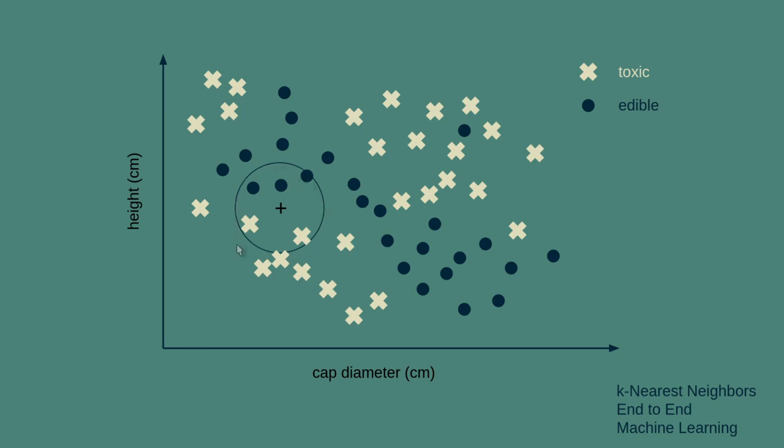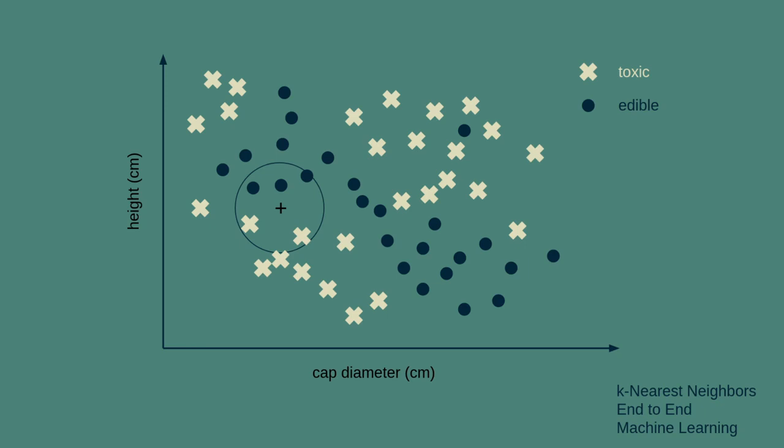What this circle implies is that we're using an L2 norm. We're taking the difference in height squared and the difference in cap diameter squared, adding them and taking the square root, and that's the distance. It's the Euclidean distance. It's the as the crow flies distance if you're looking at a map. It makes a nice circle.